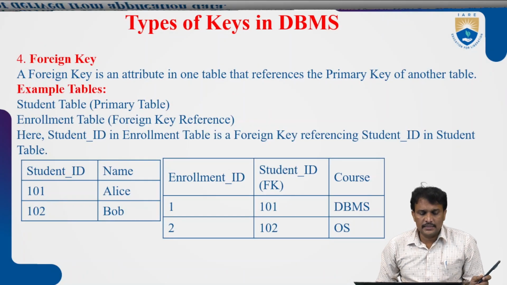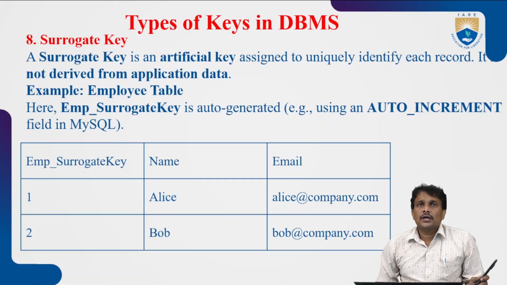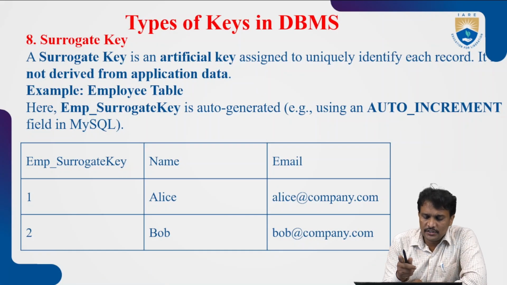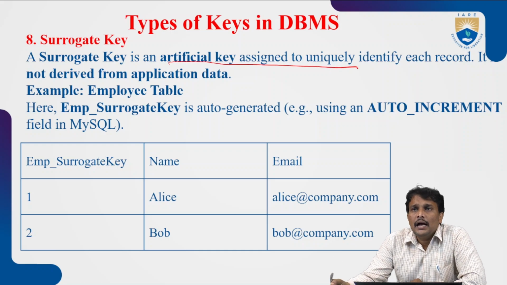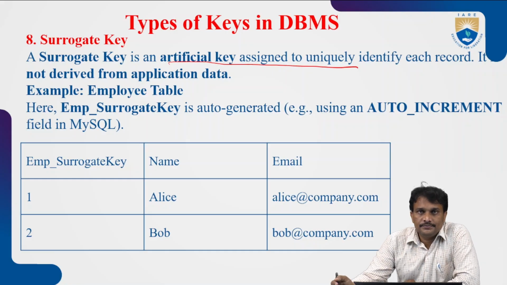Next key is the surrogate key. A surrogate key is an artificial key which is assigned to uniquely identify each record. It is not derived from application data.